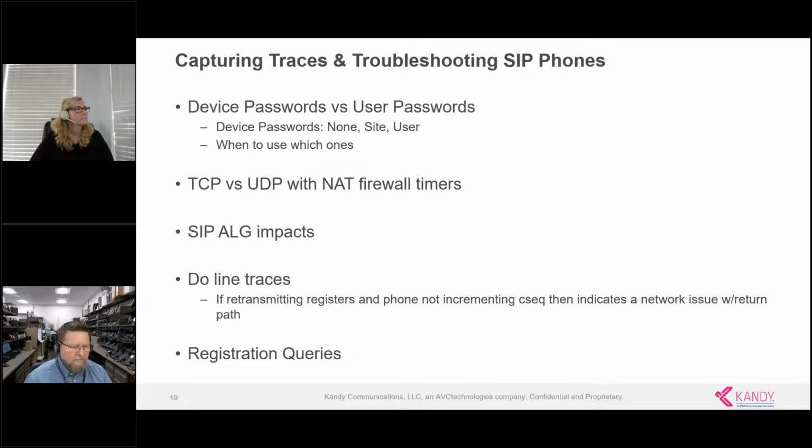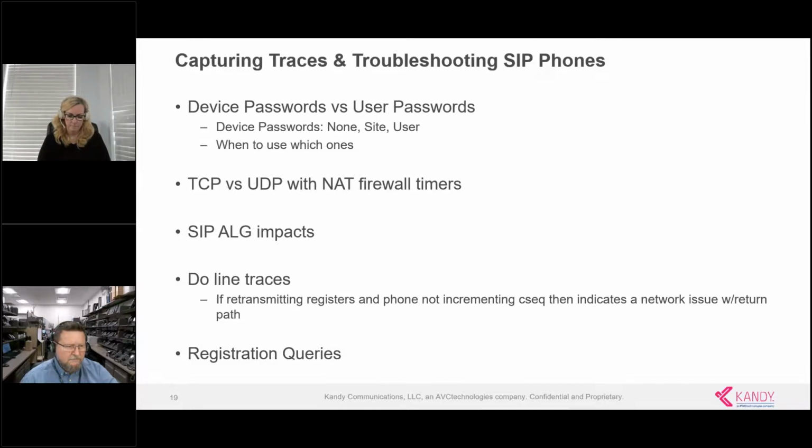But when a phone registers, it sends a registration message to our call server. The call server responds with a 407 telling it to send its credentials, which is a combination of the username and password plus an algorithm that includes a timestamp. And then the phone will then send a new register with its credentials, and the call server will authenticate it.